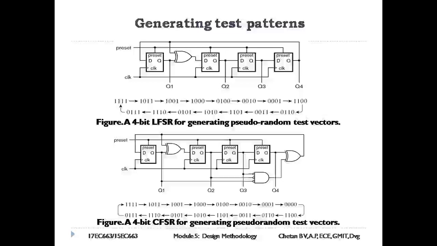The LFSR can be modified to form a complete feedback shift register (CFSR), as shown in the figure, which generates all possible values. Similar circuits can be designed to generate pseudo-random test vectors for other lengths. Placement of XOR gates within the LFSR is determined by the characteristic polynomial of the LFSR.